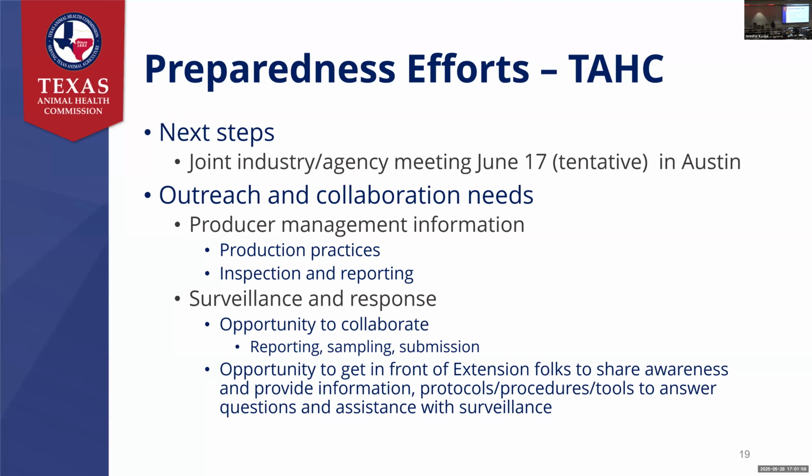We're going to have a joint meeting there at our office in Austin on the 17th. We're going to send some invites out later this week. We're going to try to bring in our state agencies, response partners, and then all of our industry groups that we deal with, and just have a meeting and get everybody on the same page.